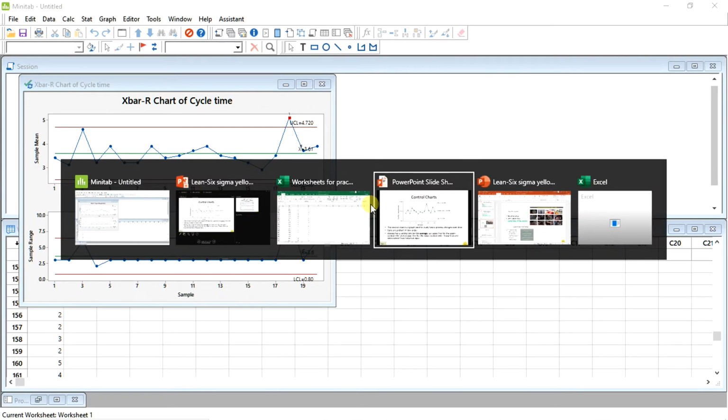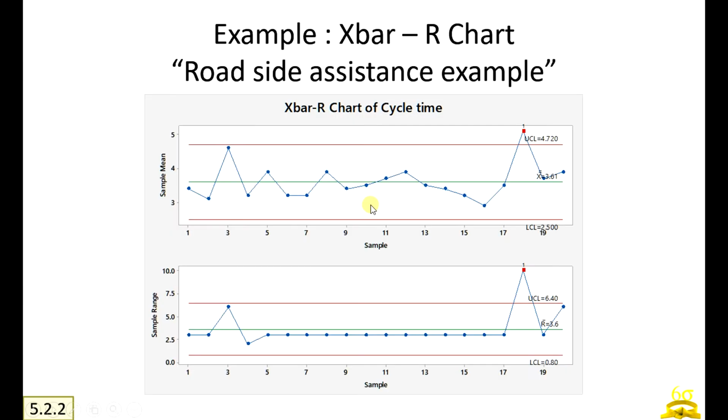Let me take you back here, and we have pasted the same chart here. Now if you see here, the central line is 3.61, that is the mean, and the range is 3.6 again. But if you see here, the range is pretty much consistent, so the deviation between the upper and lower observations within this data set is stable.